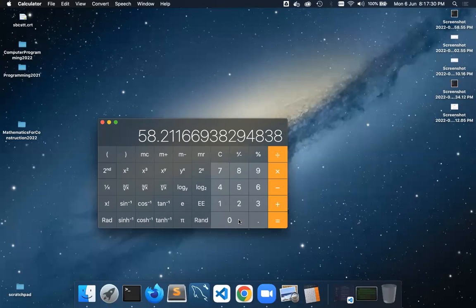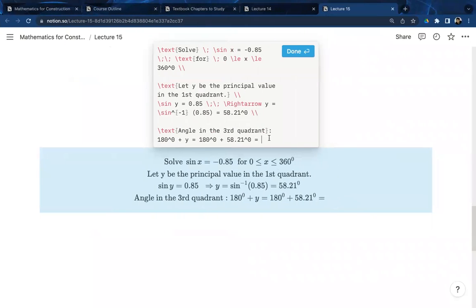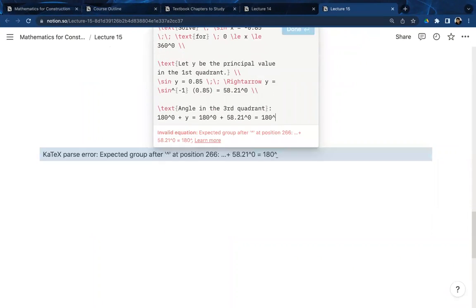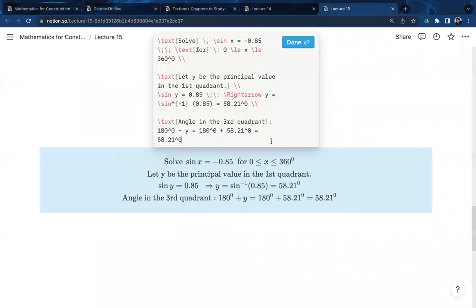If we add 180 degrees, this is an angle in the third quadrant, 238.21, right? So 238.21.